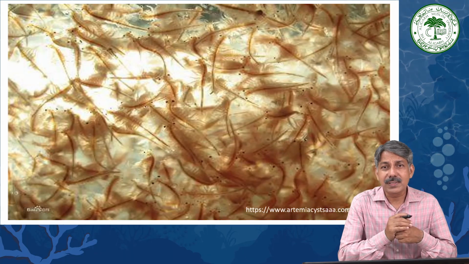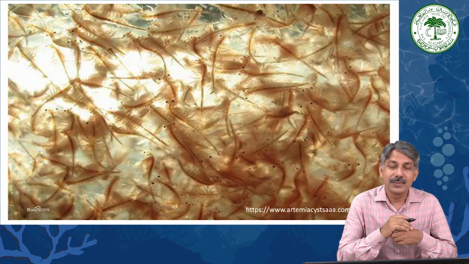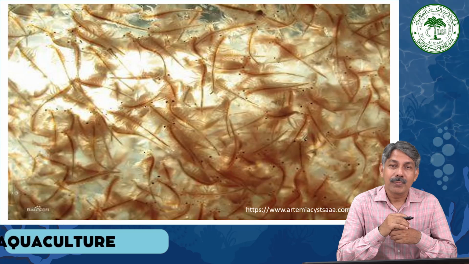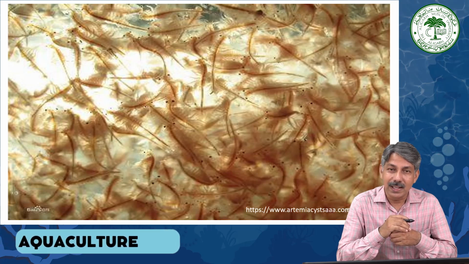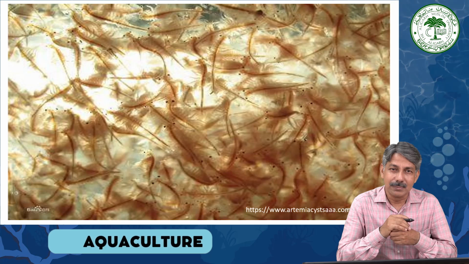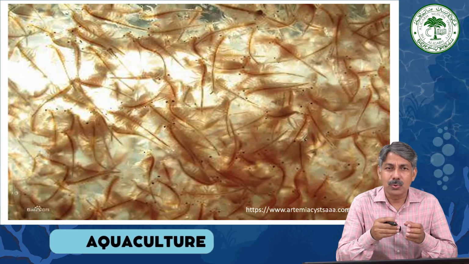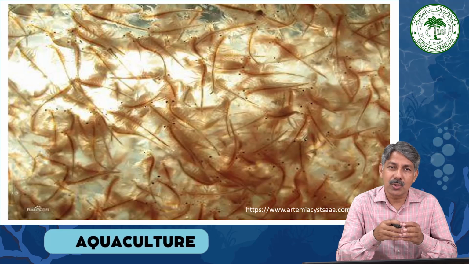This again, I have just taken from the internet. This shows one of the live foods, Artemia, and there are many live foods available, like Daphnia. You can get Brachionus and many others. Some phytoplankton or zooplankton, depending on which species you are stocking.